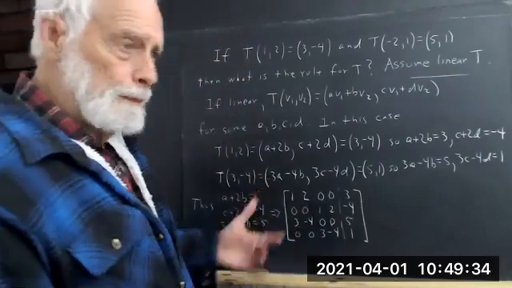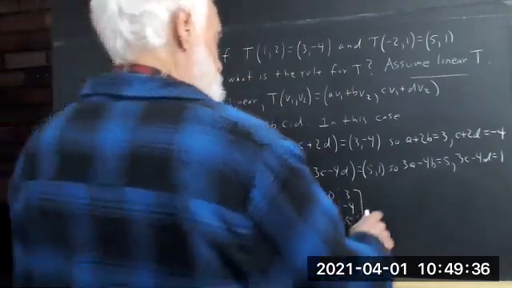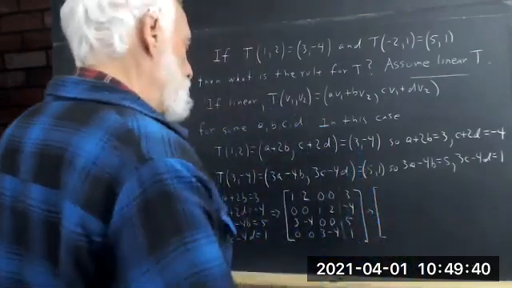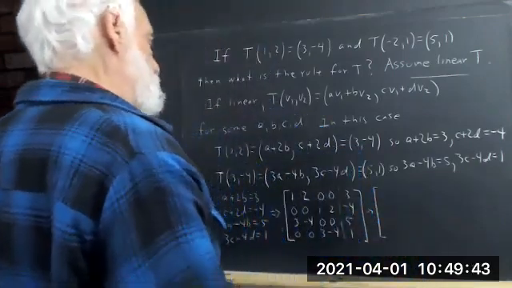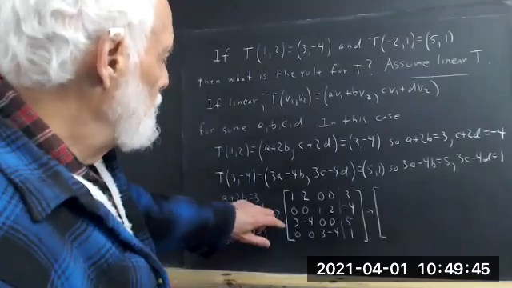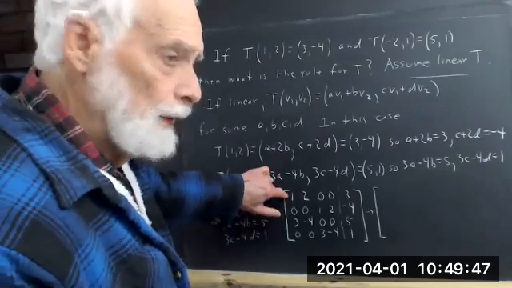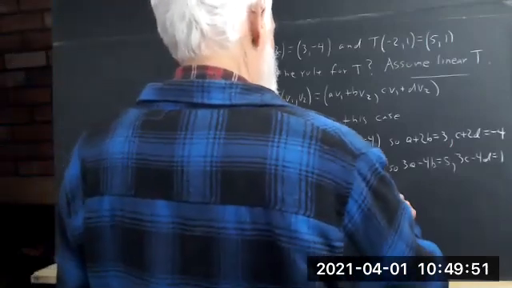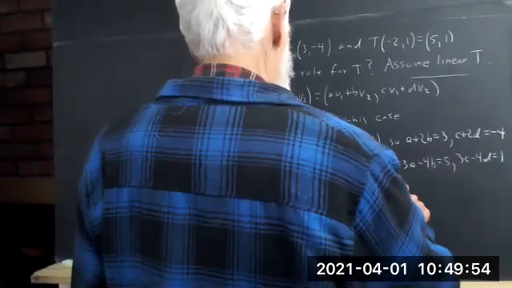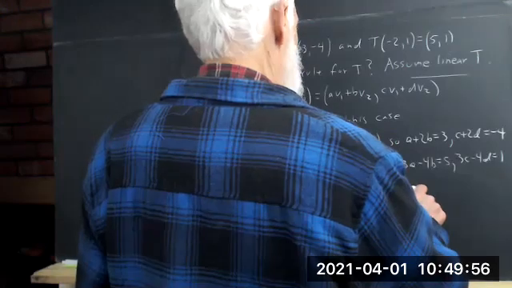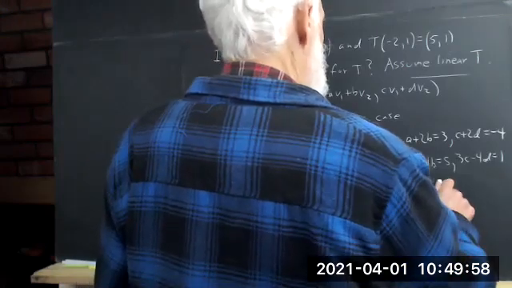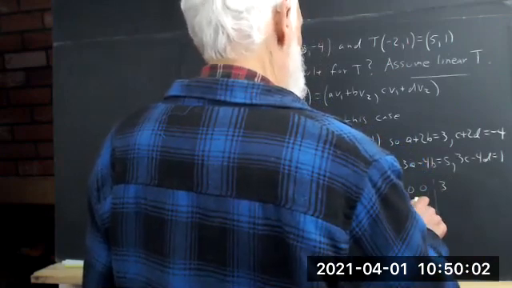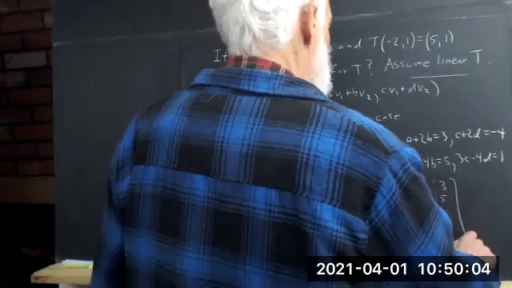Now this matrix can be reduced. The first step will be to get this row and this row next to each other. So we're going to have the 1, 2, 0, 0, 3, and the 3, -4, 0, 0, 5.